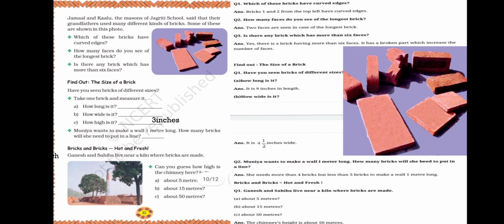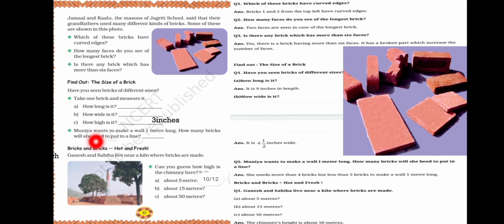Here I am taking all units in inches. You can also measure it in centimeters. It is 9 inches in length. How wide is it? It is 4.5 inches wide. How high is it? Is it 3 inches?